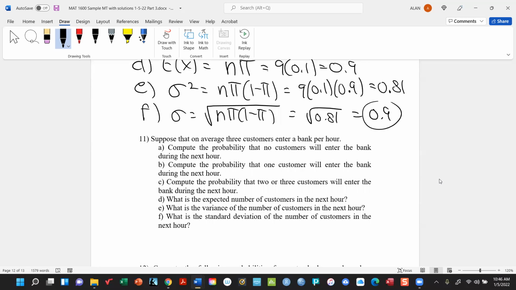On average, 3 customers enter a bank every hour. All right, so already we know that this is different because there's time involved. Once you see that, that tells you right away that this is the Poisson distribution.